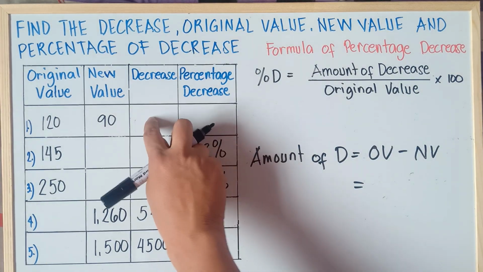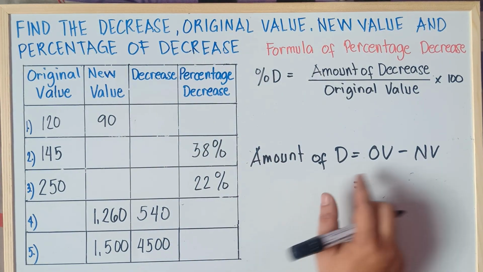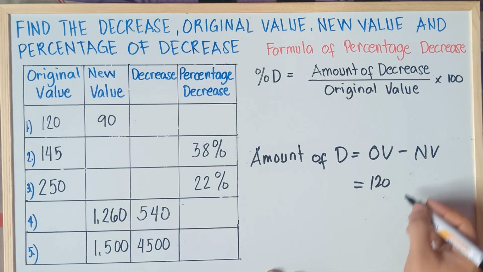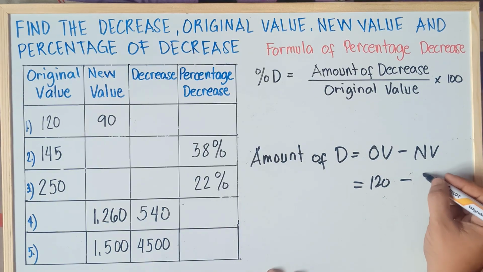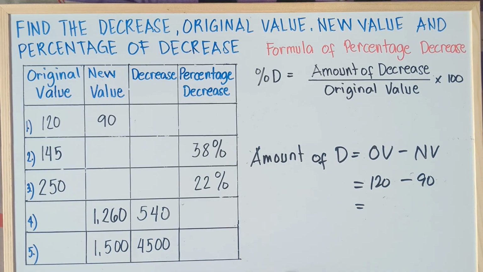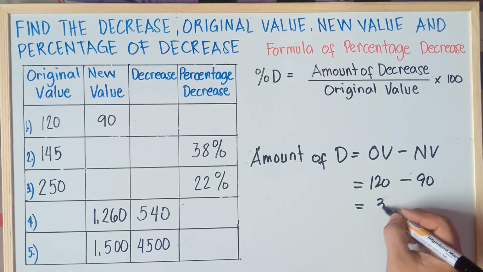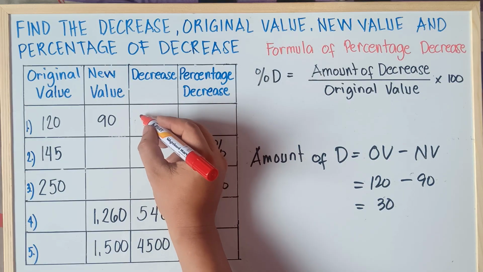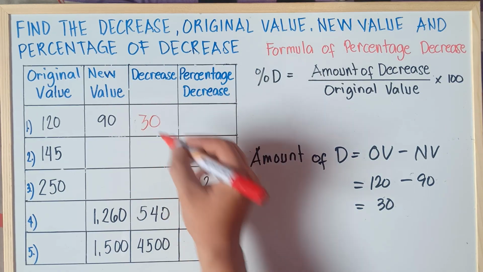Original value, that's 120, minus the new value, that's 90. 120 minus 90, that would be 30. That's the answer for this one. For the decrease, that would be 30.